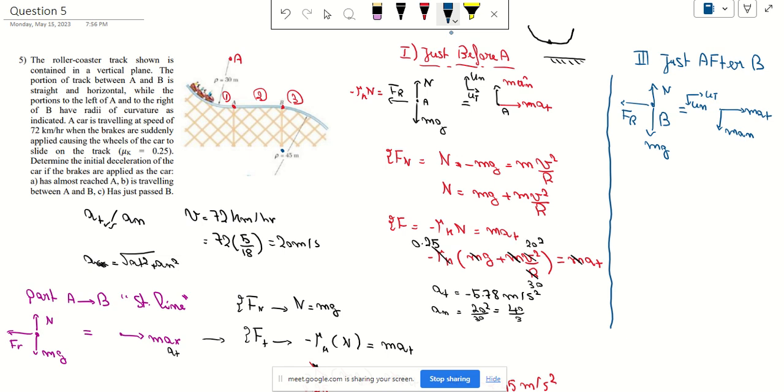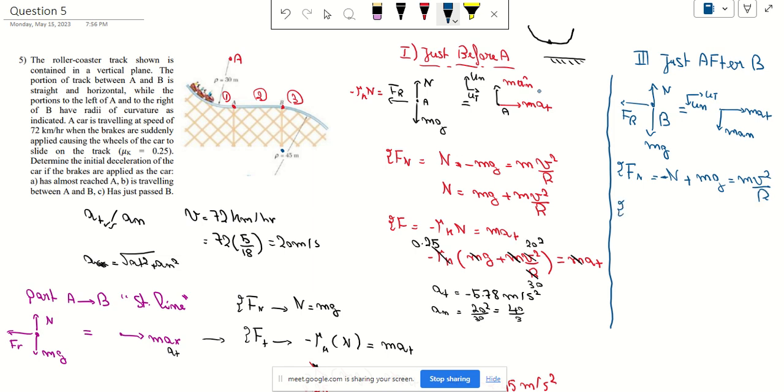If that is clear, the next steps will be systematic. Summation F_n is equal to N minus mg, but this one will be negative N plus mg, because downward is positive, equal to m v squared over r.